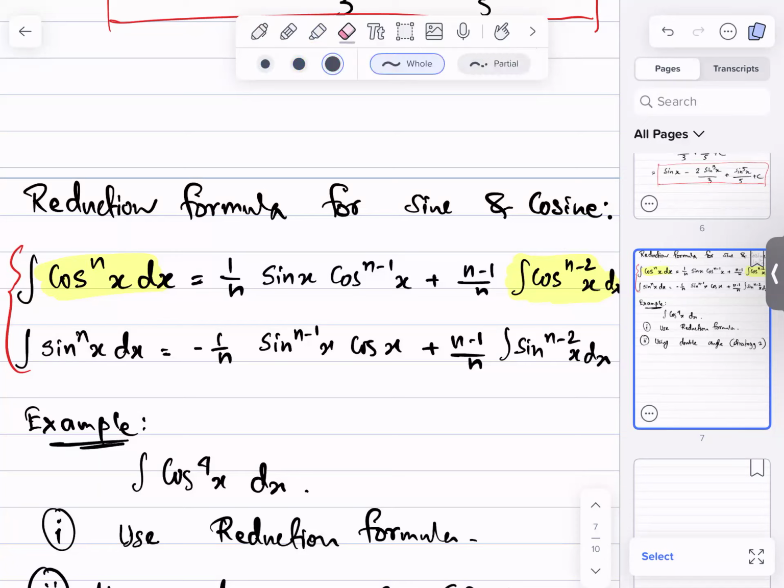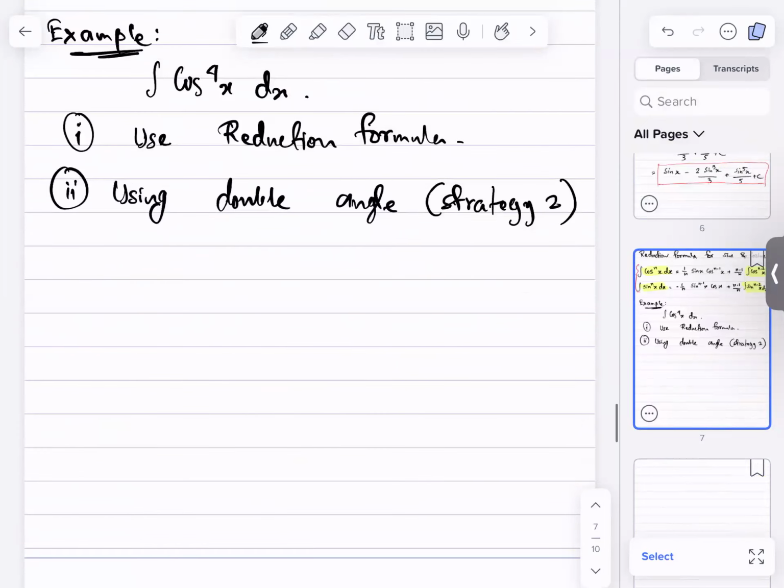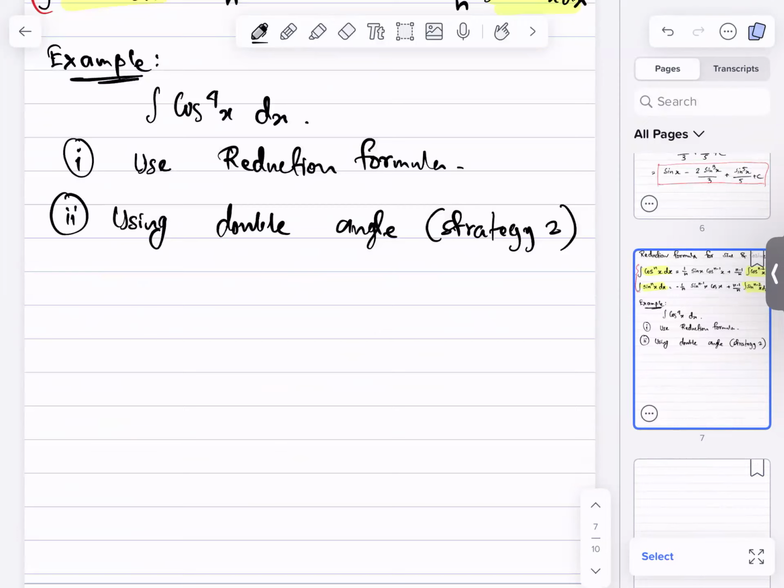Now remember, we haven't seen any example of using this strategy 2. So here we'll show how to use it. For this example, cosine to the 4x dx, there are two ways of solving it.